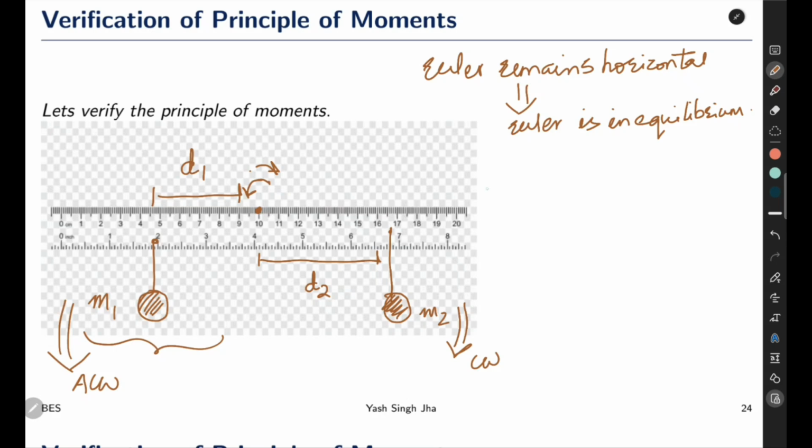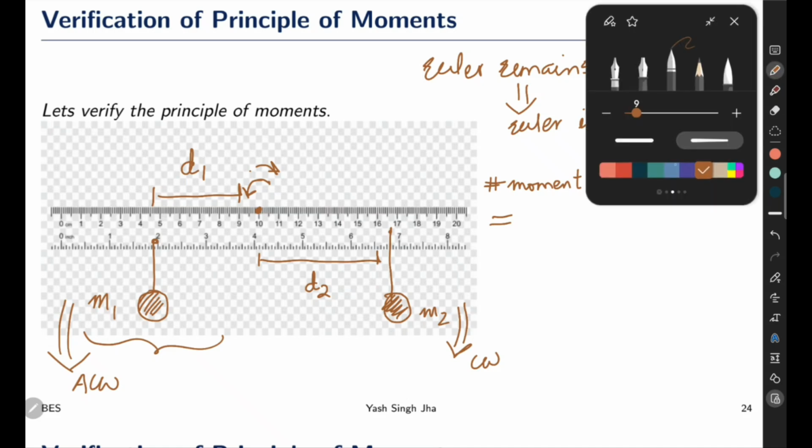So let's calculate the moment due to m2. It is force times distance. What is the force? The force is the weight of m2.